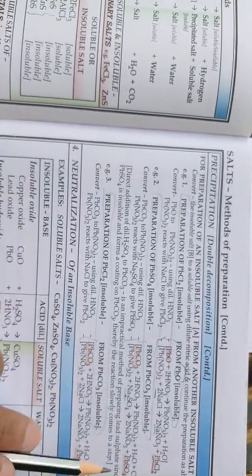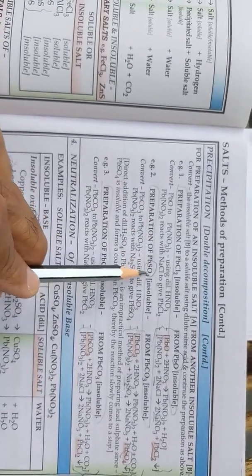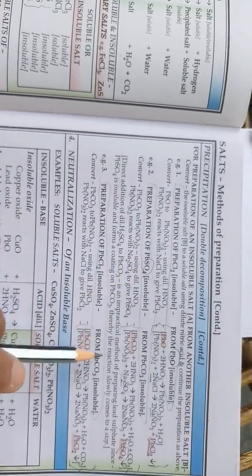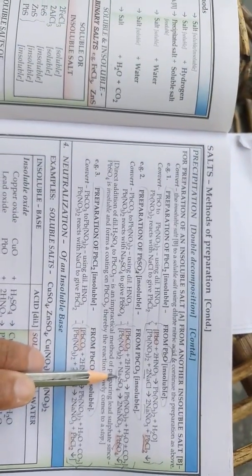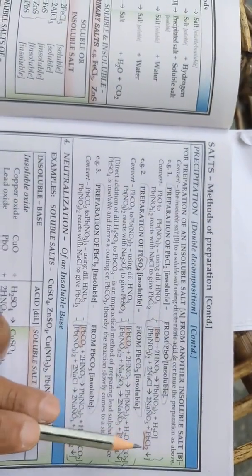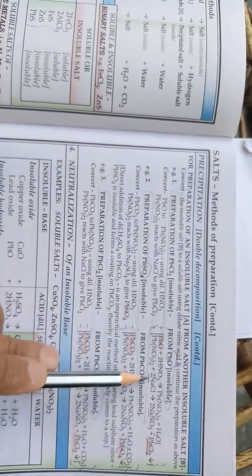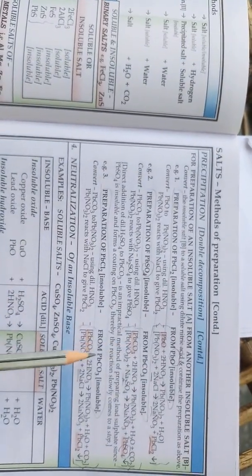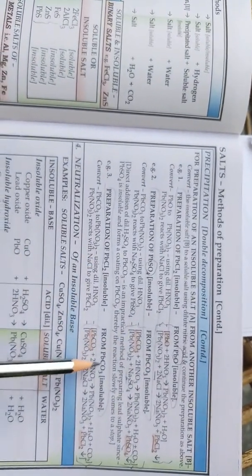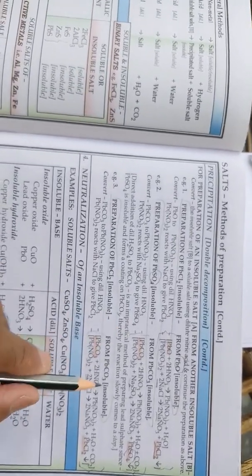If you want to have sulfate, they will treat with Na2SO4, sodium sulfate. And if you want to have lead chloride from the lead oxide, then treat with NaCl. If you want lead chloride from the carbonate, then again treat with NaCl, right? So keep in mind this thing.